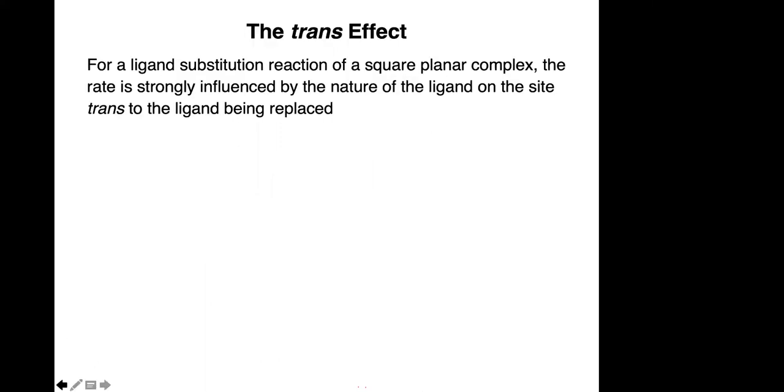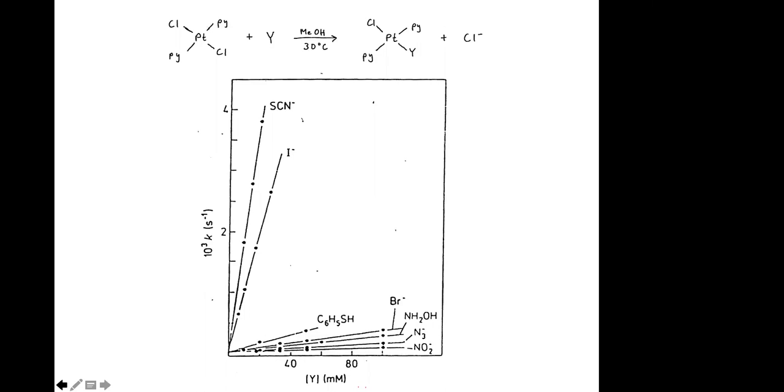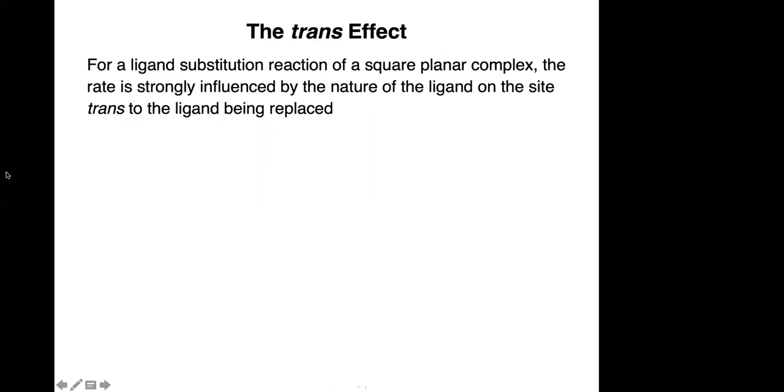All right. So let's try to understand why we might see some variations in rate constants, and in particular, there's a strong trend that's observed, which is called the trans influence. And that's the observation that for one of these reactions, the rate is very strongly influenced by whatever ligand is on the site opposing the ligand being replaced, opposing the departing ligand.